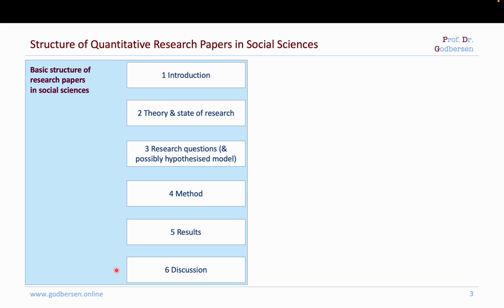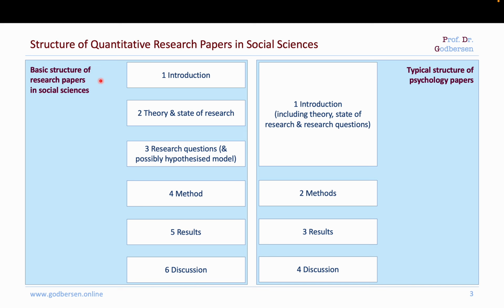Important here is that the numbering might differ. What I'm showing you is the basic structure of research papers in social sciences. In some disciplines, like psychology, you have a different numbering. There, the standard structure is introduction, methods, results, discussion.